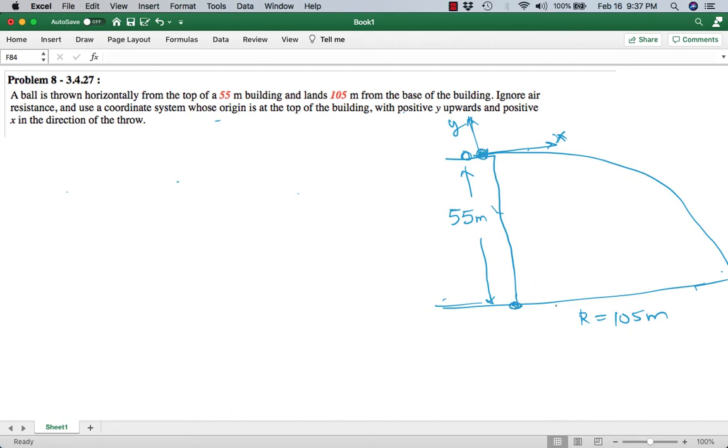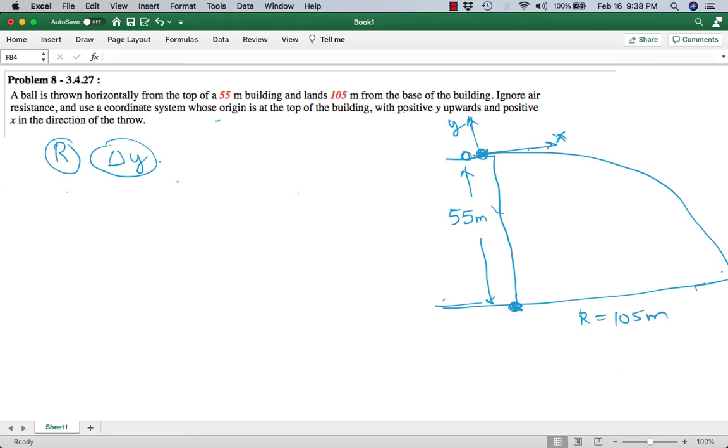The time it takes to cover the range R is the same as the time it takes to cover the vertical height delta y, which is also the time during which the ball is in air. So if we could find the time it takes to cover this range or time to travel this height, then that will answer our first question.